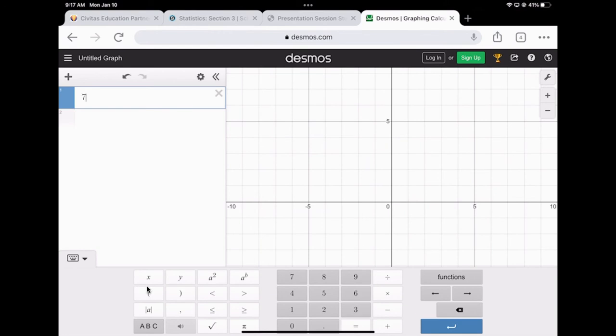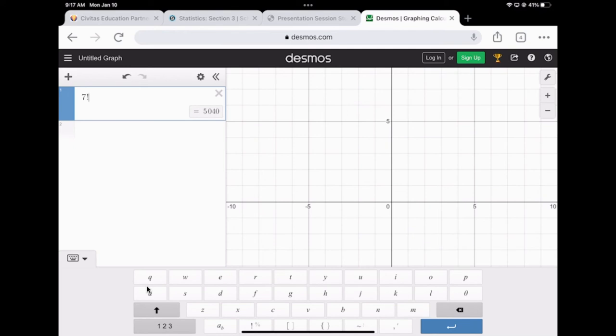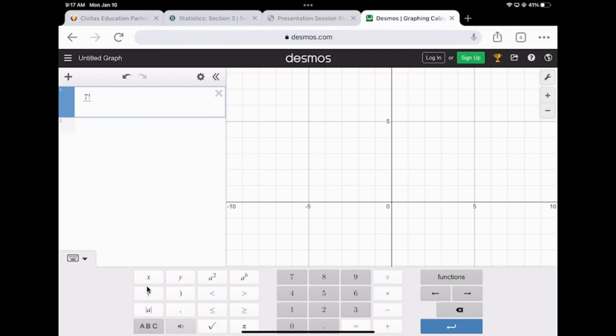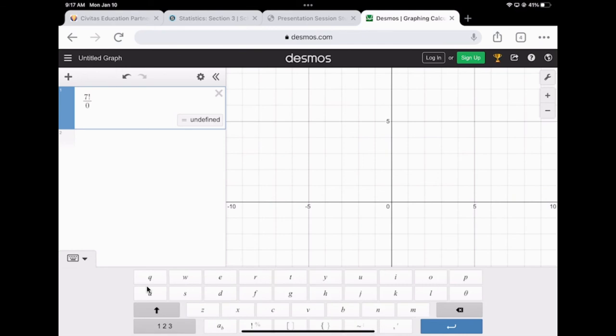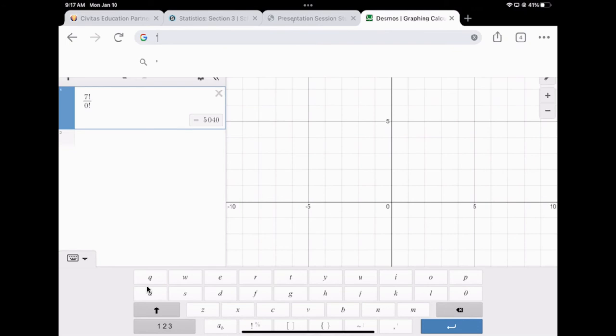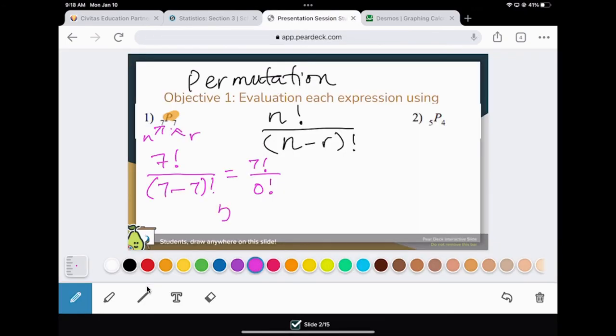You have 7 factorial divided by, and you can type in exactly what you have, 0 factorial. I have to type in the factorial. Okay, so now the answer is 5040. So I'm just going to put in here 5040.